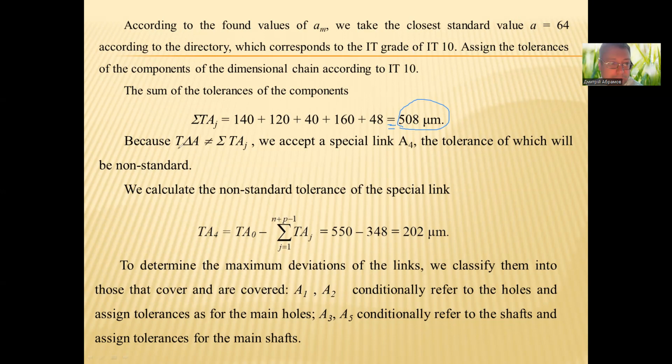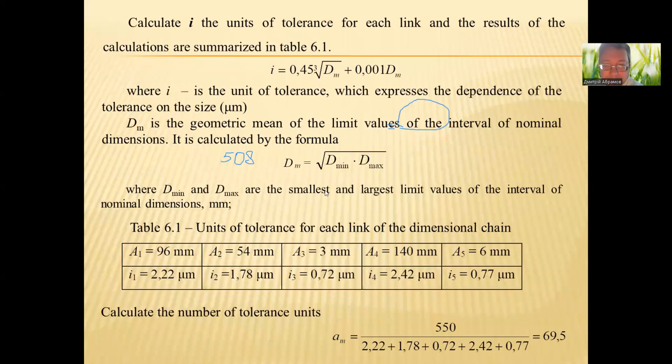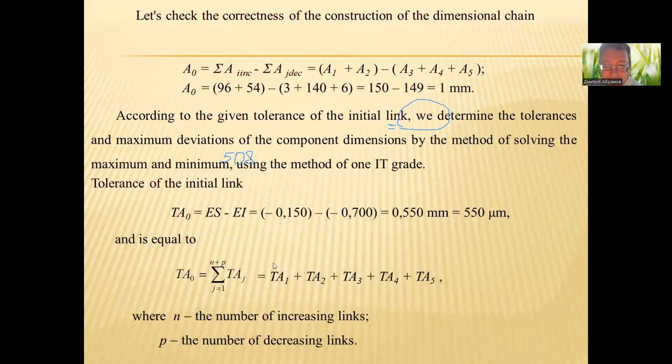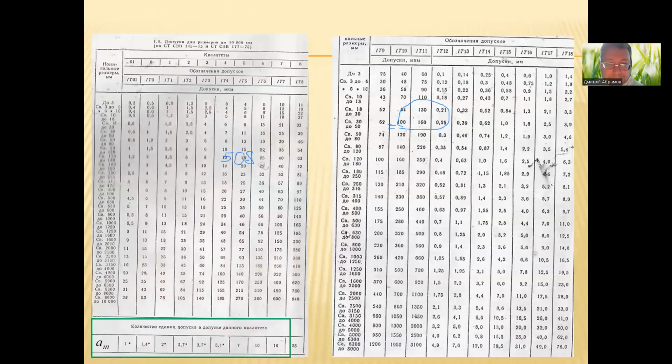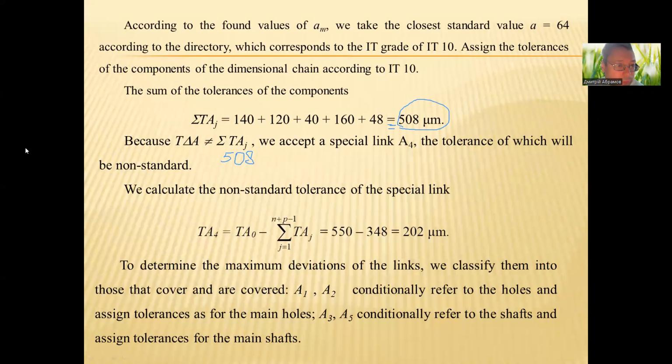Because the tolerance field of the initial link delta A, the numerical value of the tolerance field T delta A is equal to 550 micrometers. 550 micrometers is not equal to 508 micrometers.